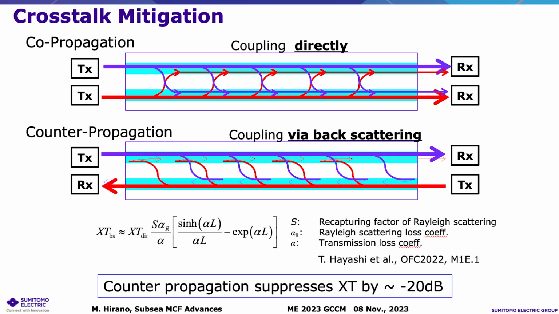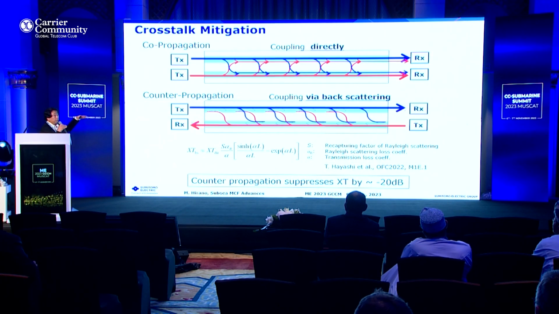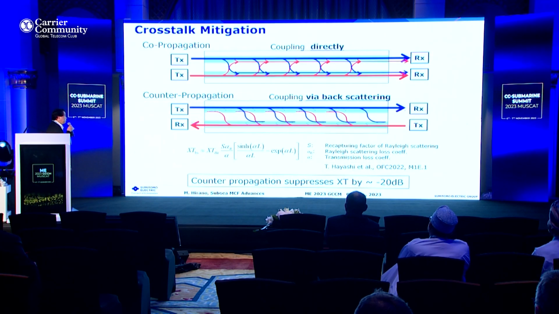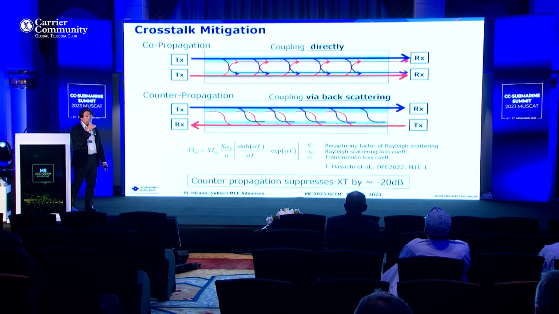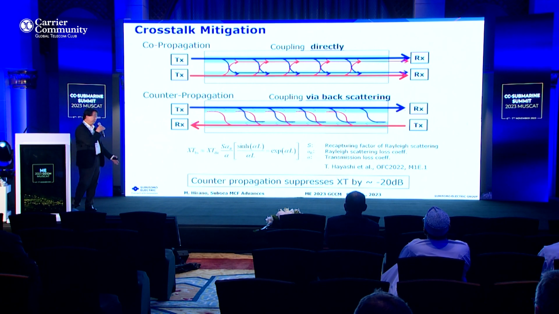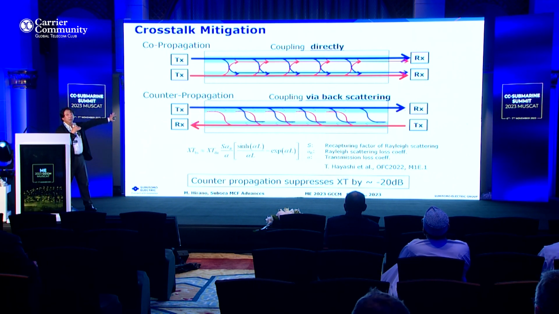This back scattering will be the noise. Okay, so the noise is suppressed dramatically. Compared to co-propagation, parallel propagation, counter propagation suppresses crosstalk by minus 20 dB or less. Yes, typically minus 23 or so. So this is very important. So we adopt this scenario for the optical fiber design.